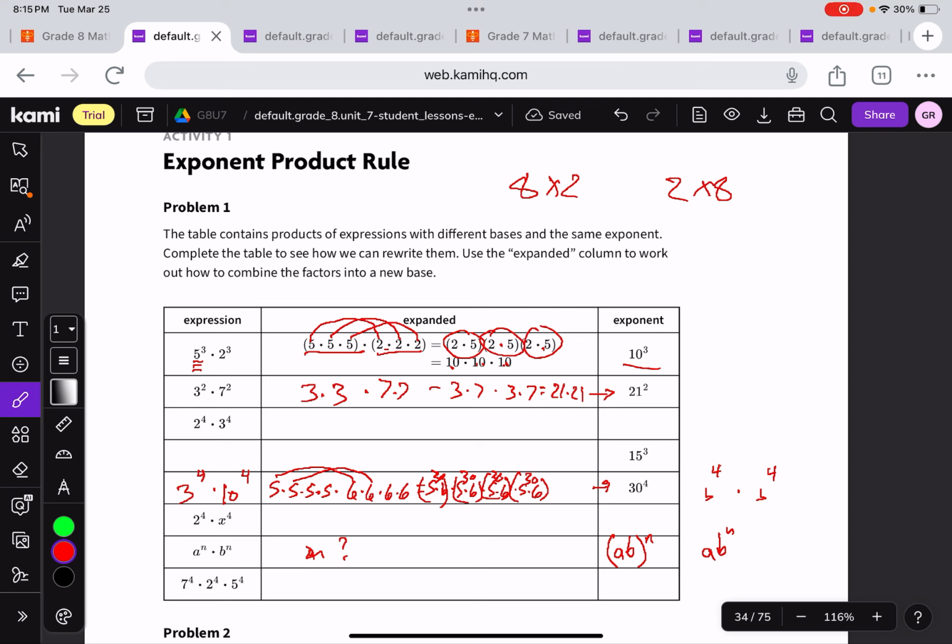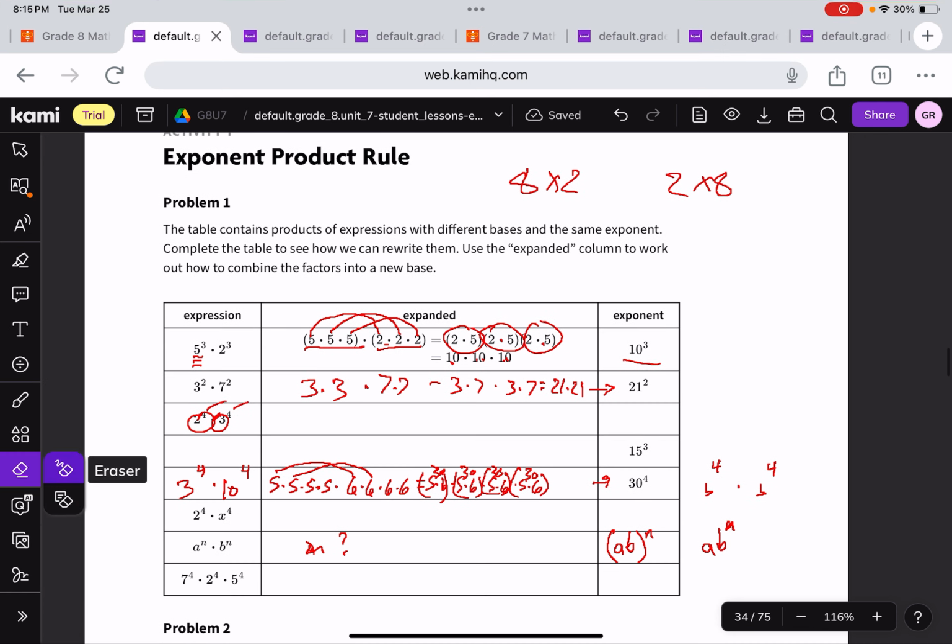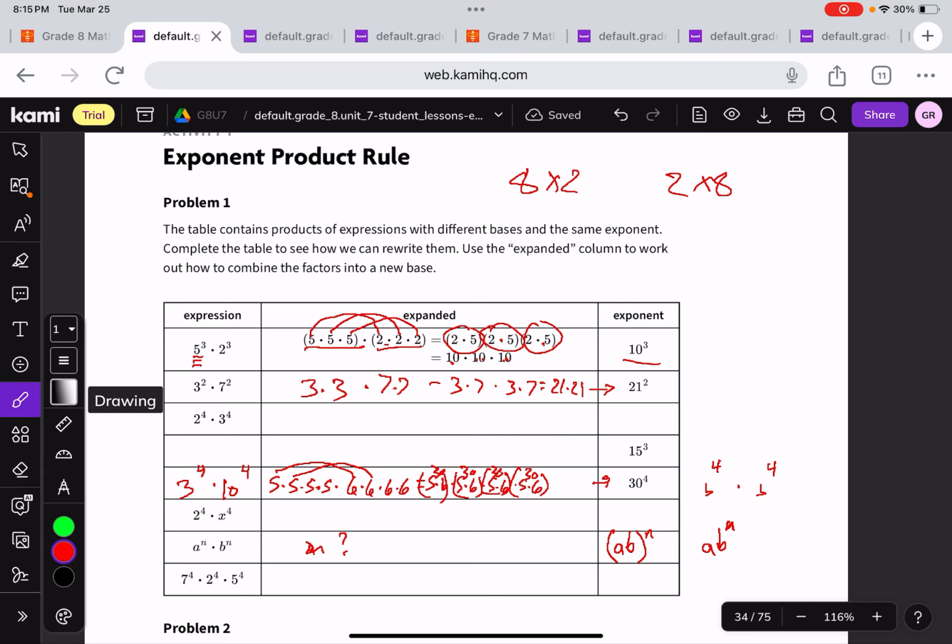So I have to put it in parentheses because I want A and B both to be to the nth power. Because we've just learned that you can multiply the bases and keep the exponent the same. Whoa. You multiply the bases, and the exponent can be the same. That's a shortcut for figuring out something like that.